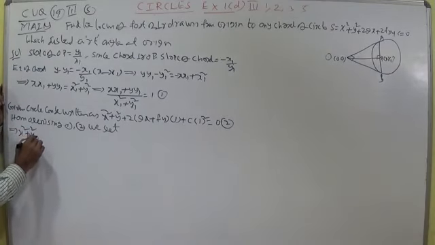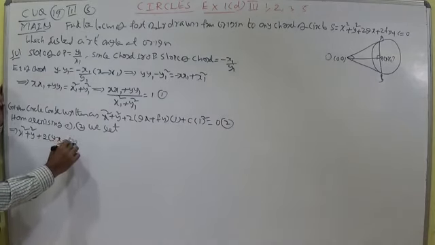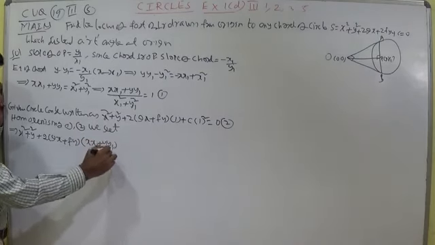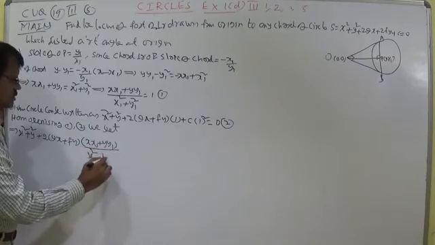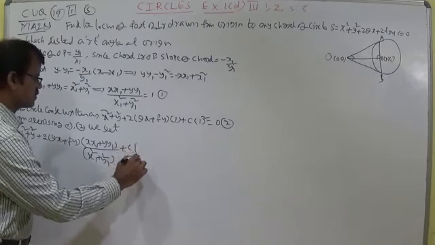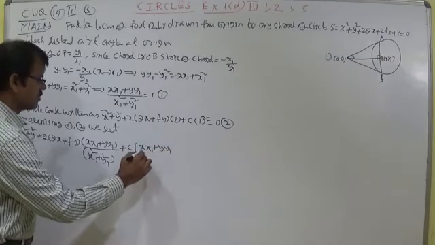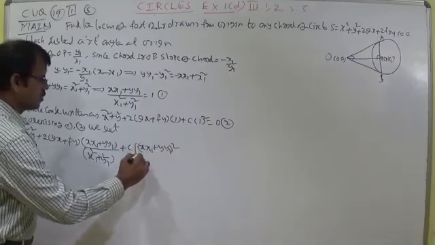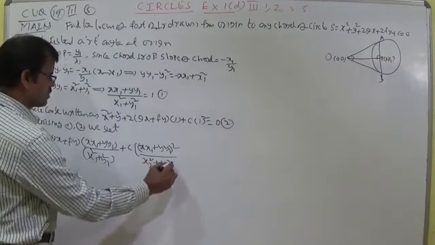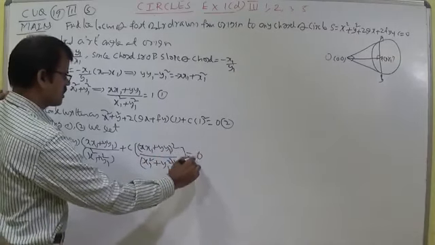Here you write x square plus y square plus 2 into gx plus fy into, instead of 1 you substitute the value (xx1 plus yy1) by (x1 square plus y1 square), put a bracket here, plus c into, for this one you write as (xx1 plus yy1) whole square, I am writing directly, whole by, for denominator also you should write as (x1 square plus y1 square) whole square, for total whole square is there, within the bracket you put in 0.